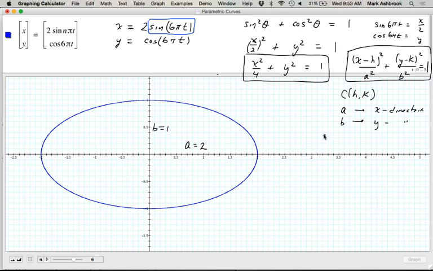So when a equals b, we call that the radius r, and the formula for the ellipse becomes (x minus h) squared plus (y minus k) squared equals r squared, because if I divided by r squared, I'd get a 1 over here. So a circle is just a special case of an ellipse, where the radius remains constant all the way around.